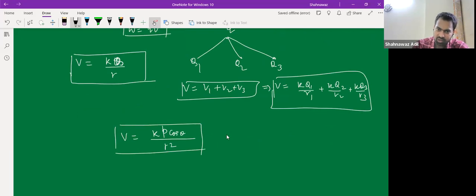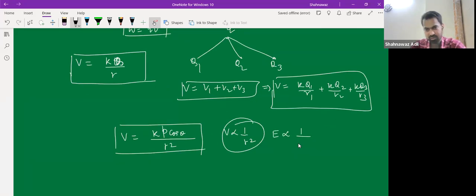We saw that potential varies as 1 over R square for the dipole, but electric field varies as what, Aisha and Mariam?